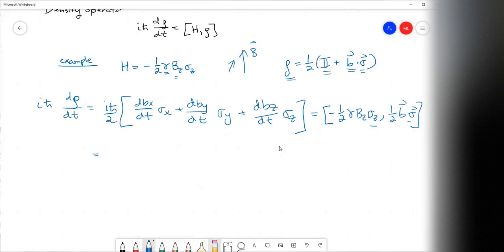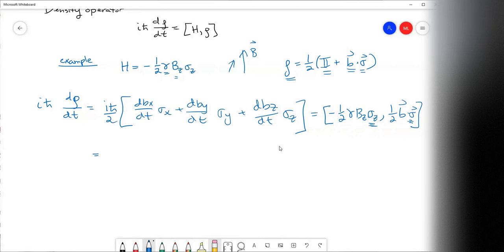So then all of this, you can use the properties of the commutation relations of the Pauli matrices. Just use one of those identities for the commutation between sigma z and sigma x, y, and z. So the commutation between sigma z and the sigma z part, of course, will be 0 because the thing commutes with itself. So you're left with just the commutations between x and y.